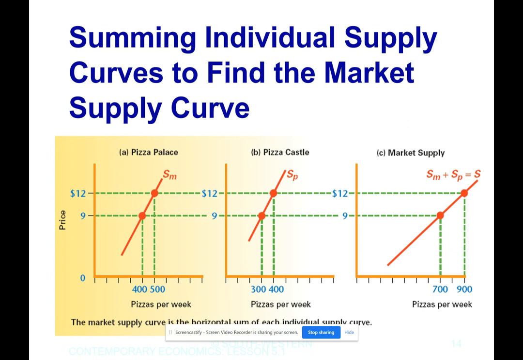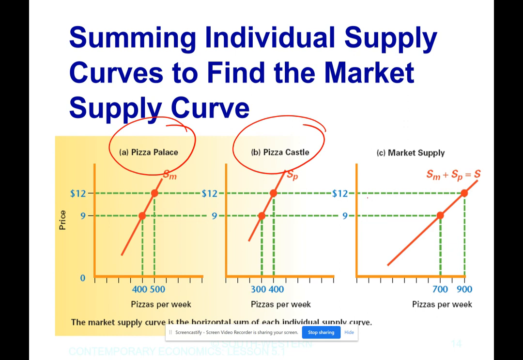To find the market supply curve, we just add the supply curves from the individuals. So look here, we have Pizza Palace, that's A, Pizza Castle is B. They're making about 400 to 500 pizzas a week at $9 and $12. And the same thing over here, right?